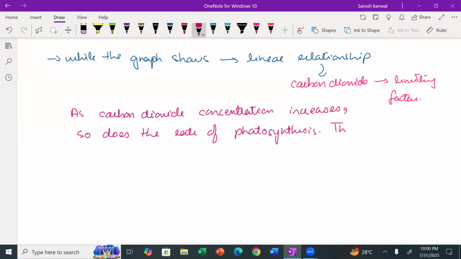This continues until another factor becomes limiting, right?